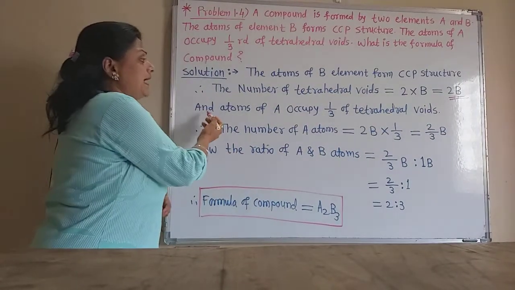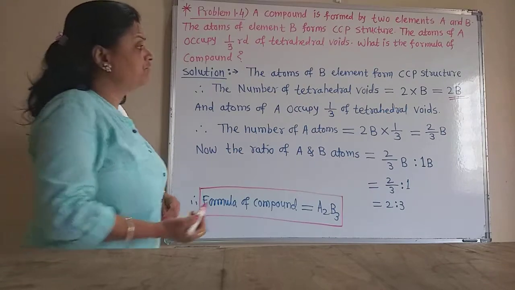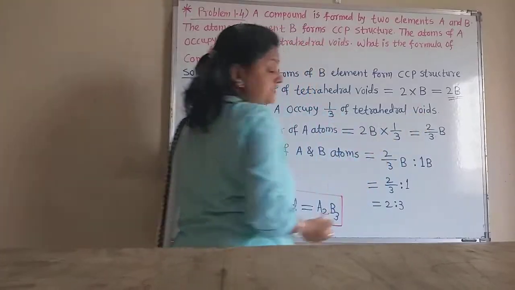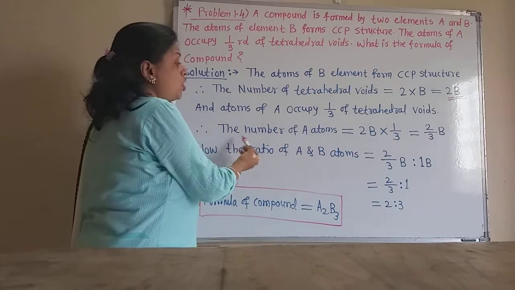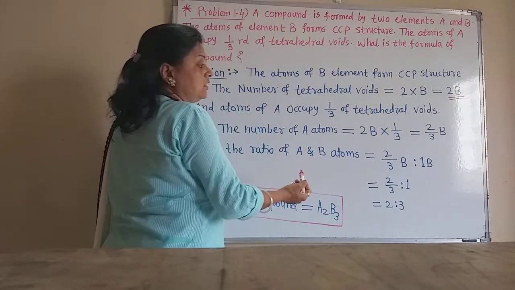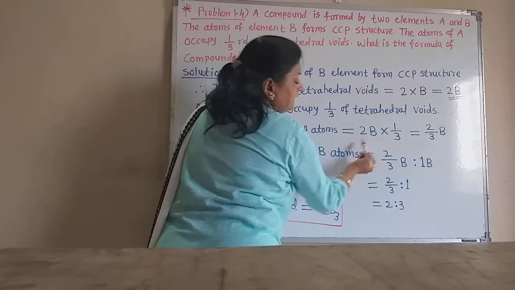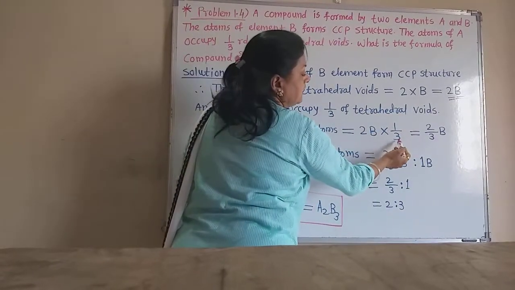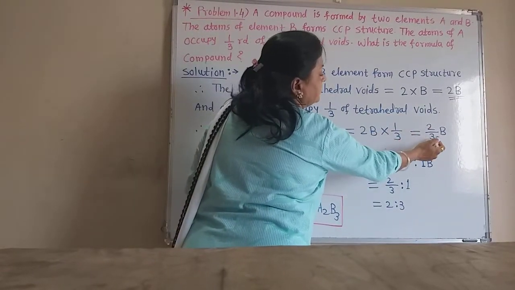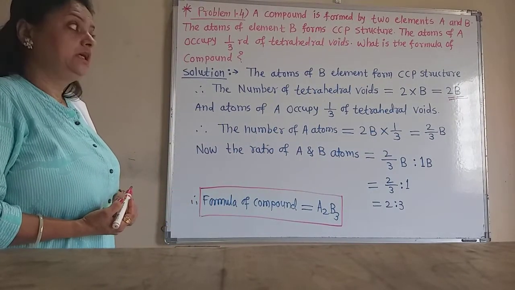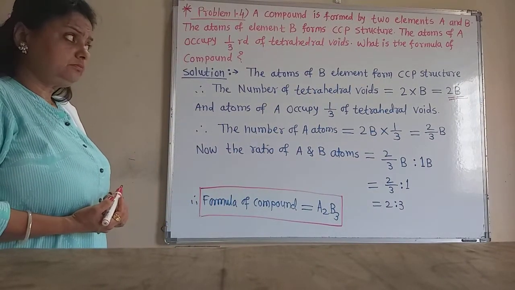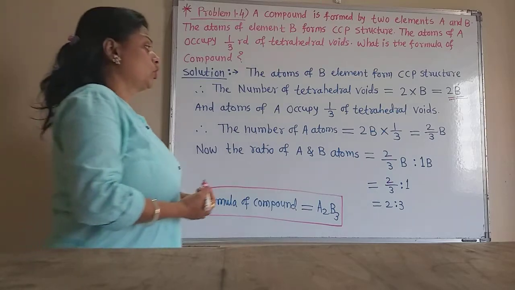Now atoms of A occupy only 1/3 of the tetrahedral voids. So the number of A atoms is 1/3 of the tetrahedral voids. So 2B into 1/3 is equal to 2 by 3 B. These are the number of A atoms.